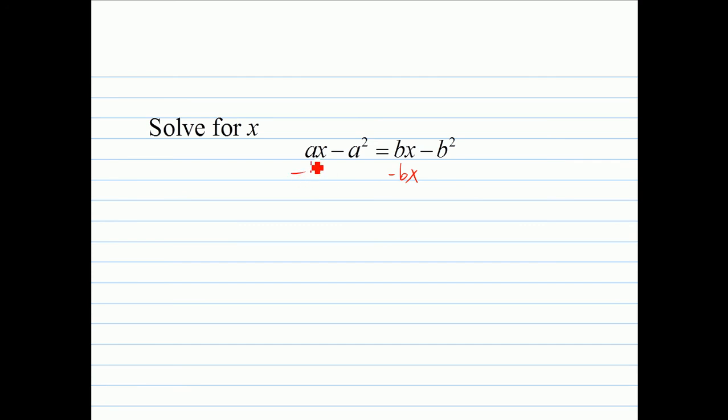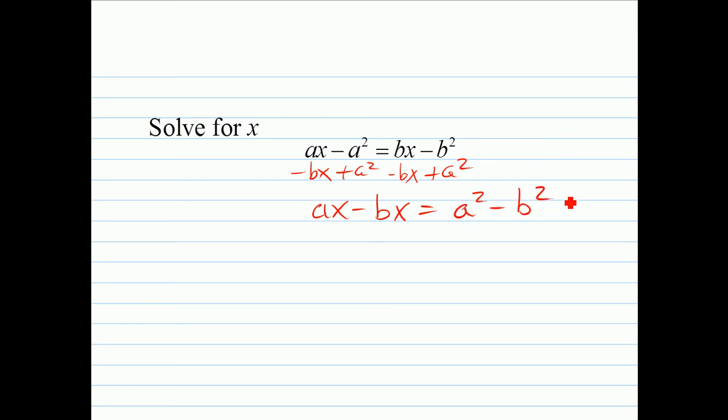Let's add a squared on both sides. So your new equation should look like ax minus bx equals a squared minus b squared.